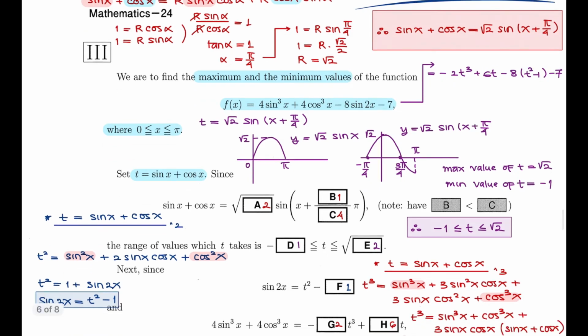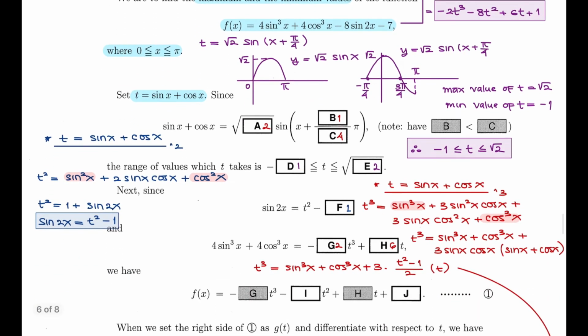If we simplify it, we will obtain negative 2t cubed, negative 8t squared, plus 6t, plus 8 minus 7. Plus 8 minus 7 is plus 1. This is f of x in terms of t.